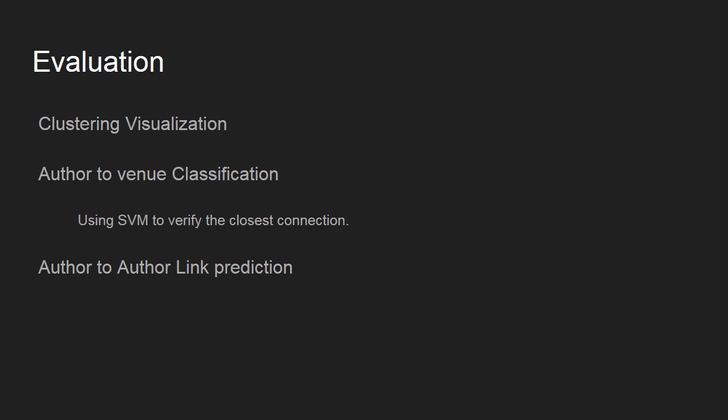This method would also use SVM to verify if it is closely connected overall. The third one is author-to-author link prediction, namely what the accuracy is for this method to predict that an author is an embedding pair with another author.